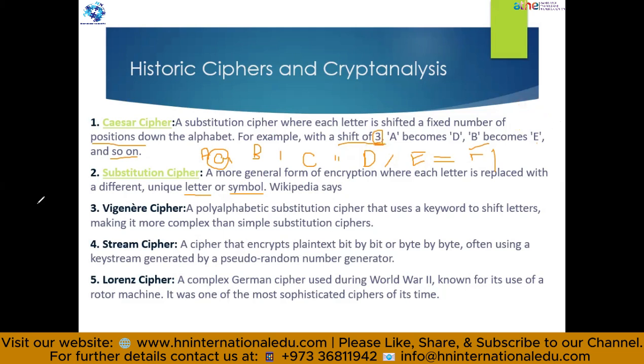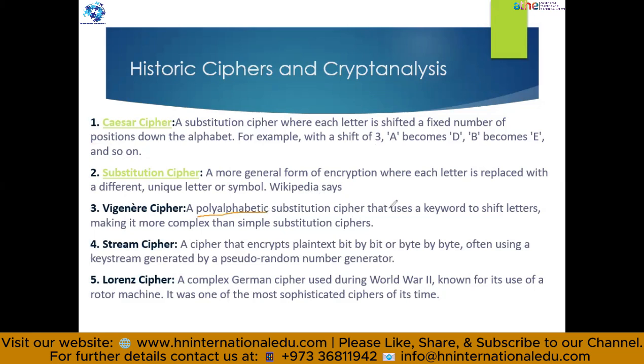Using these ciphers. Vigenère cipher, again a polyalphabetic substitution cipher that uses a keyword to shift letters, making it more complex than the simple substitution ciphers. Now, what we are doing, we are using many alphabets.